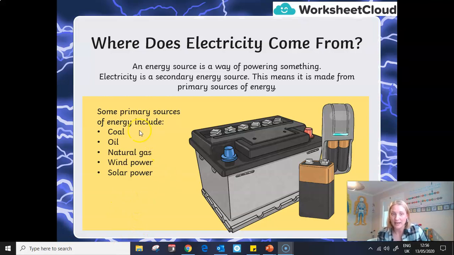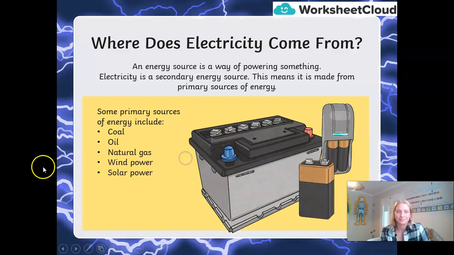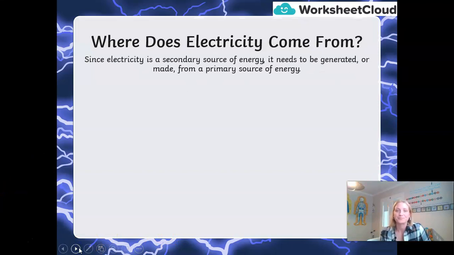And here, and should look very familiar to you from our last couple of lessons, are some examples of primary energy sources. So obviously coal, oil, natural gas. You should all be able to group those together as fossil fuels, that's right. And wind power and solar power, those being renewable energy sources.